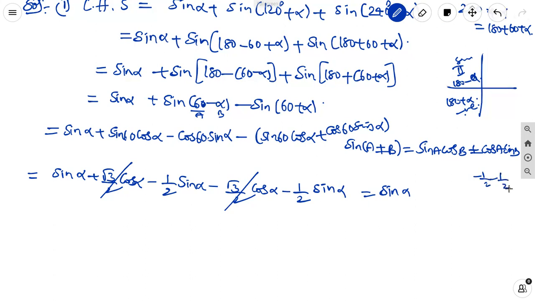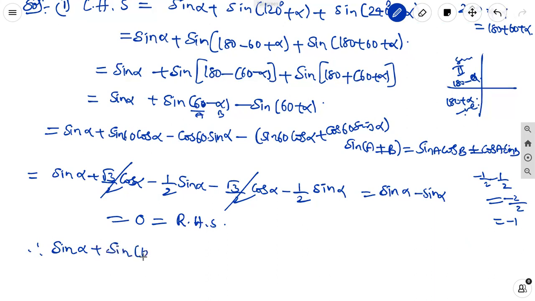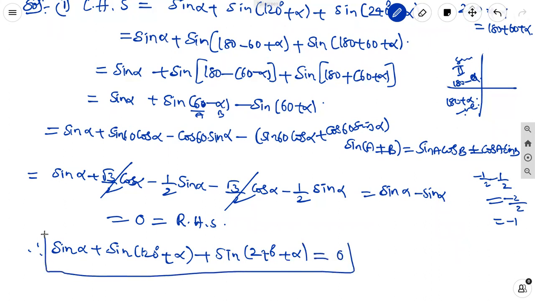Taking LCM, minus 2 by 2, it is equal to minus 1. So it is minus sin alpha. Sin alpha minus sin alpha is 0. It is equal to RHS. Therefore, sin alpha plus sin of 120 degrees plus alpha plus sin of 240 degrees plus alpha is equal to 0. This is the solution.